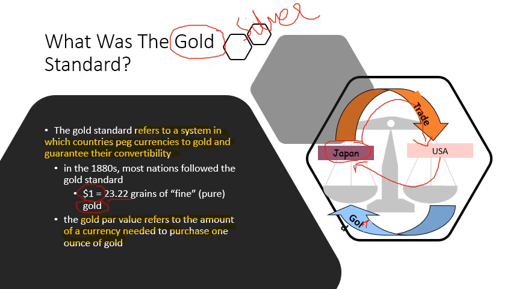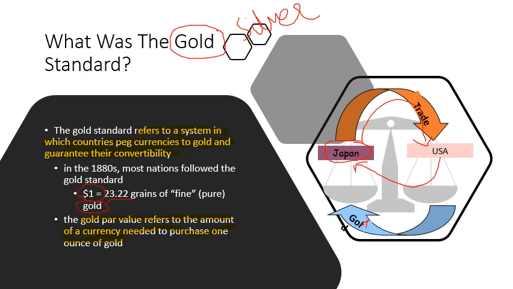Under the gold standard, when Japan was in a trade surplus, there is a net flow of gold from the United States to Japan. This gold flow automatically reduces the US money supply, and it increases the Japanese money supply.